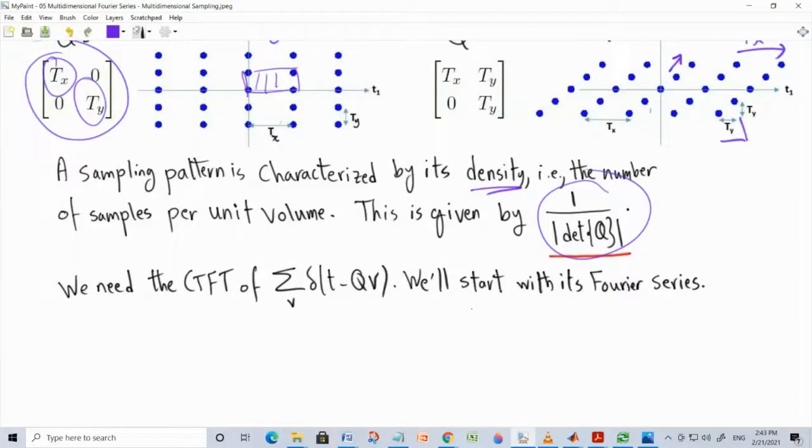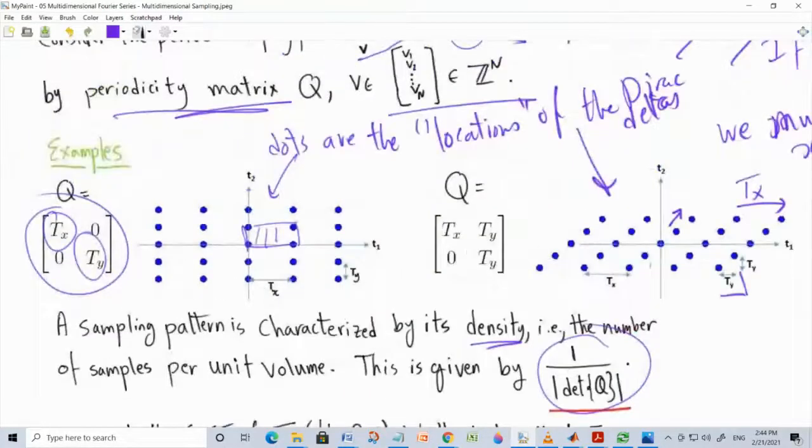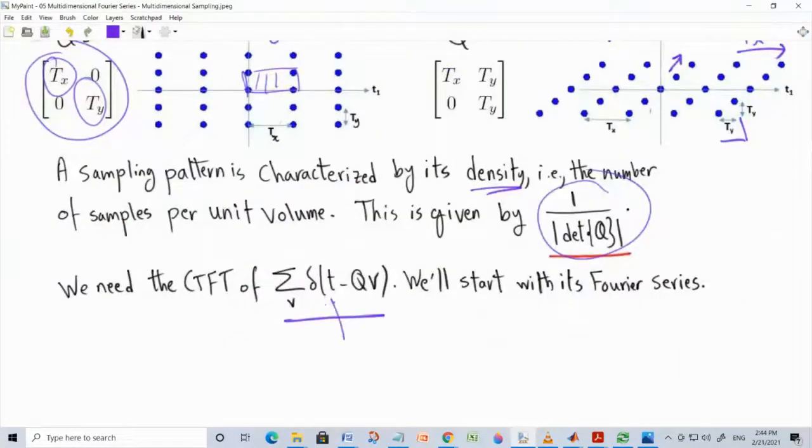So to understand how sampling works in multiple dimensions, we will need to take the Fourier transform of the Dirac deltas. So you have Dirac deltas defined at those points, or generally in the n-dimensional space. What will be the Fourier series of this train of Dirac deltas? What will be the Fourier transform? Those will be generalizations of what we typically do in one dimension.